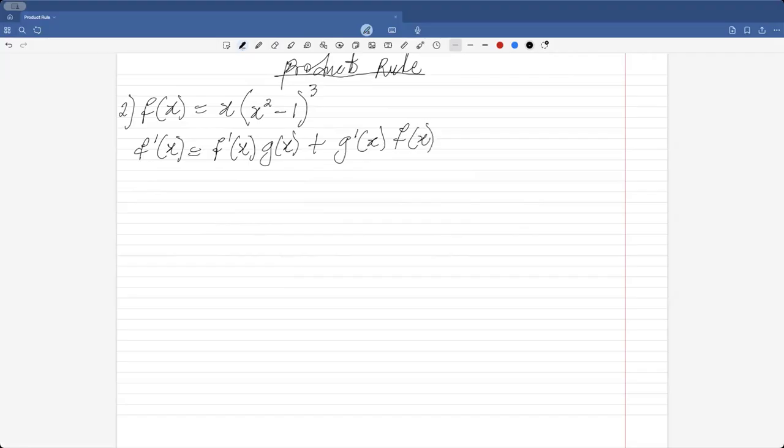So now let's apply it to the formula here, to the question above rather. So we call this f(x) and we call this g(x). So going further, we say that f prime x equals the derivative of f(x), which is x, is nothing but 1. So followed by the function g(x).